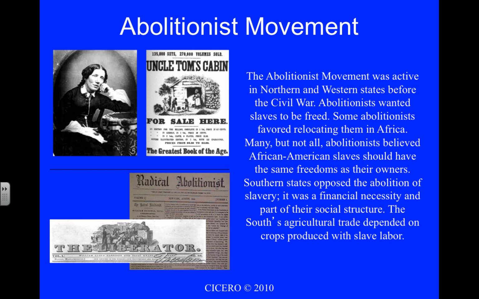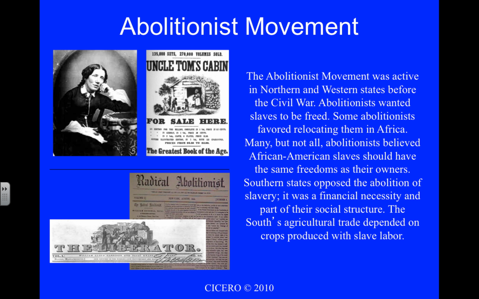What you've got to remember is that in the late 1850s, just before the Civil War starts, you don't have widely circulated information. You don't have a lot of newspapers. You don't have radio. You don't have TV. You obviously don't have social media. So the only way these people are getting their information is from books and the occasional newspaper.